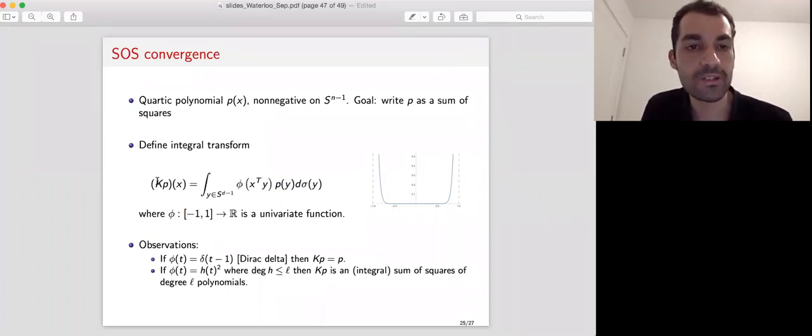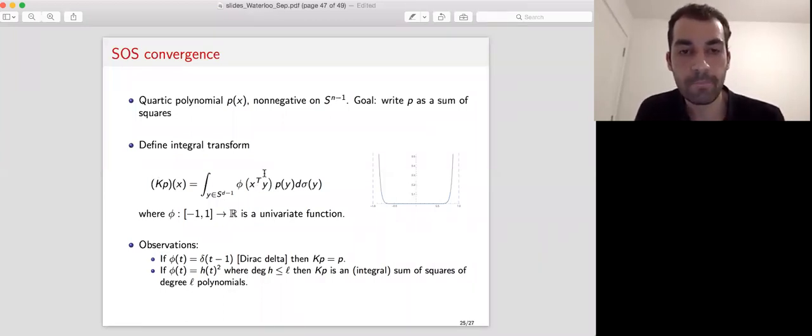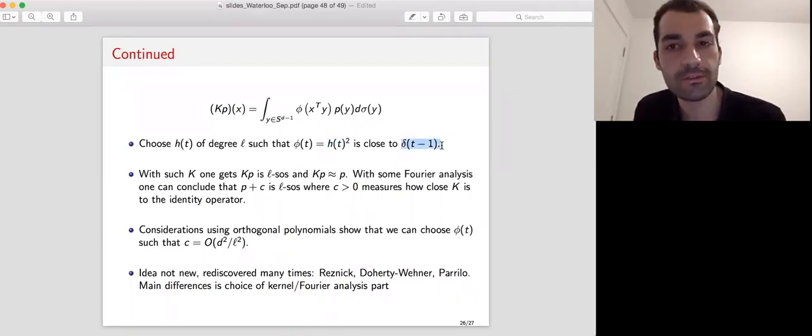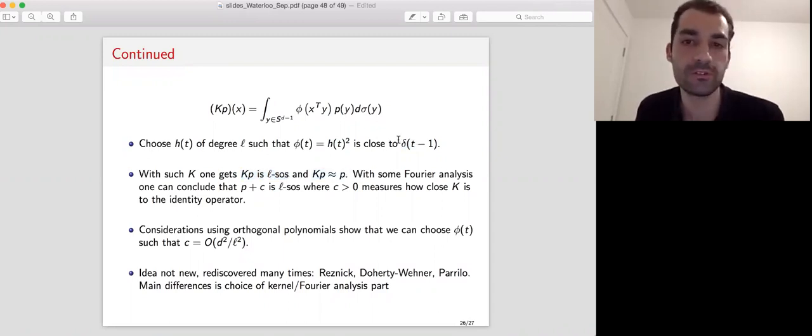So Kp is a sum of squares, or an infinite sum of squares, but you can turn it into a finite one. So really the goal is to choose a certain phi that's a square, but that is also close to a Dirac delta. If you do this, then Kp is a sum of squares, and Kp is approximately equal to p because phi is close to a delta.